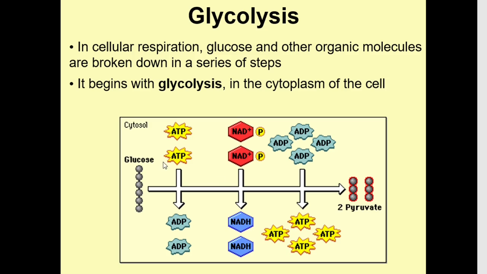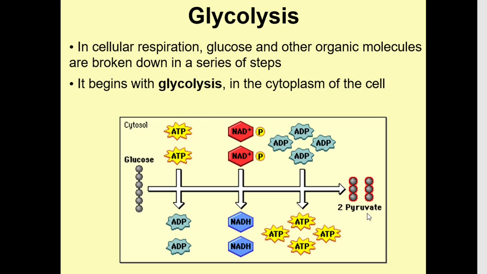But if you remember, we spent 2 to kickstart the whole process. So we actually only get a gain of 2 ATPs. We made 4, but we had to spend 2. And then we also get these 2 pyruvate molecules, these 2 3-carbon molecules. So pyruvate is properly called pyruvic acid, but we typically just shorten it to pyruvate.